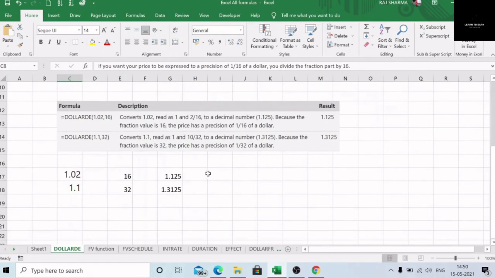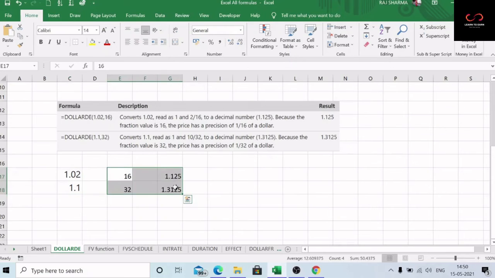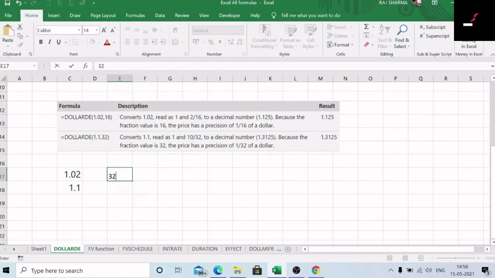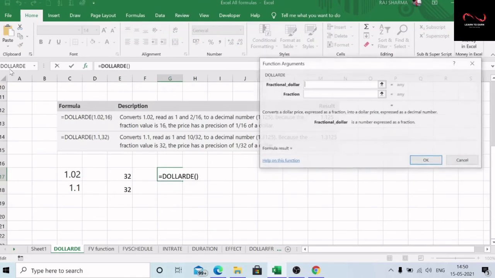Now we can use this formula. Here you can see a security's bid price is 1.02 and ask price is 1.1, and let us assume 32. This is another example only. You can simply go through it. Use the DOLLARDE formula; you can get this formula from the function tab.